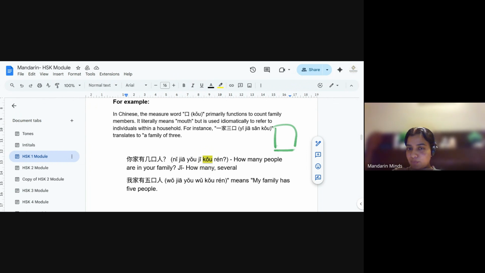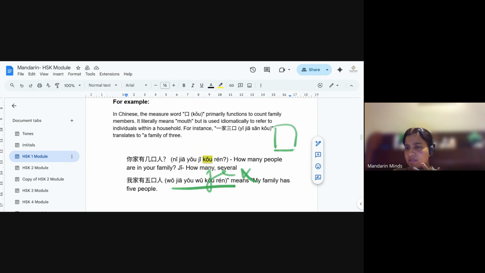So when I say 我家有5口人, my family has 5 people. 5口人, I will not say 5个人. 5个人 will be grammatically incorrect.